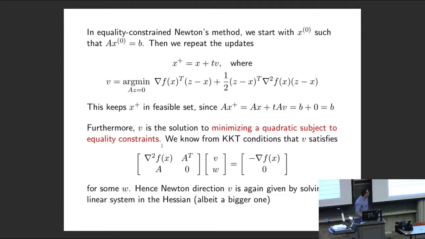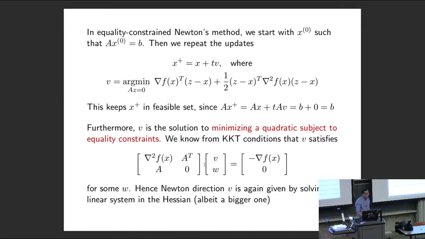If you go back to those slides, you'll see we just had to form the Lagrangian. There was a dual variable that corresponded to this constraint, and we could combine the stationarity condition and primal feasibility into one condition. That's this linear system right here. This big system expresses both the stationarity condition and primal feasibility.